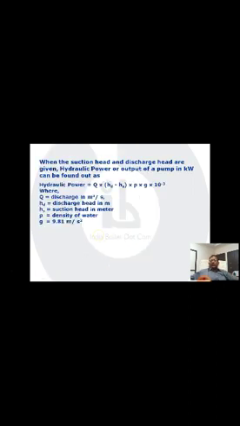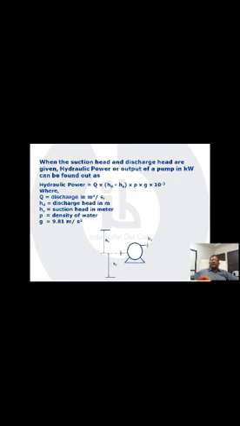But before that, you must also keep in mind what pressure we are talking about. Suppose a discharge pressure is given, we should also see whether a suction pressure is given as well, because if there is a suction pressure given to the pump, then the net pressure against which it is creating the flow will change.